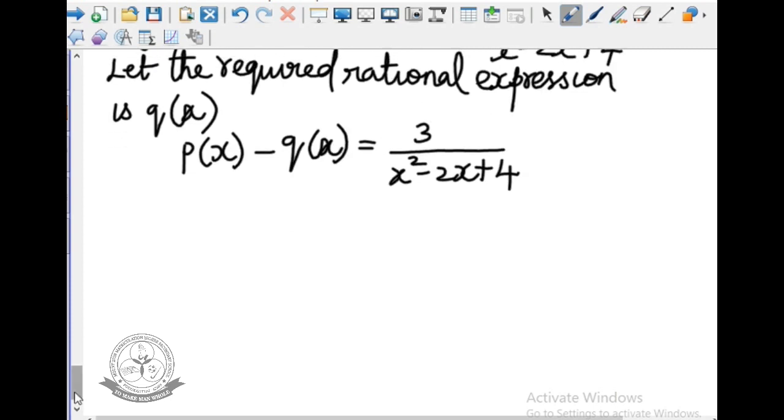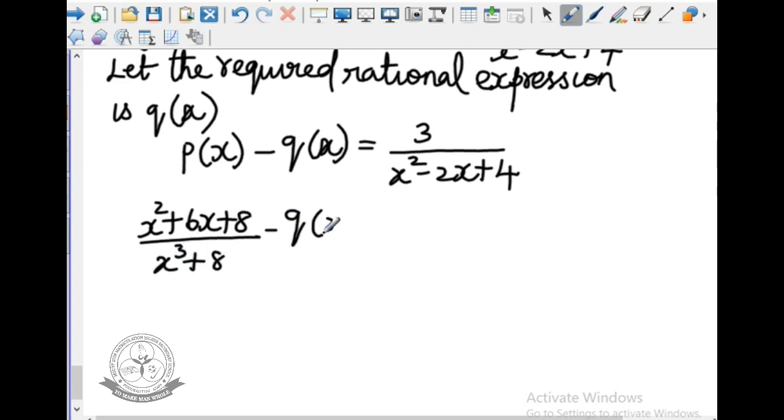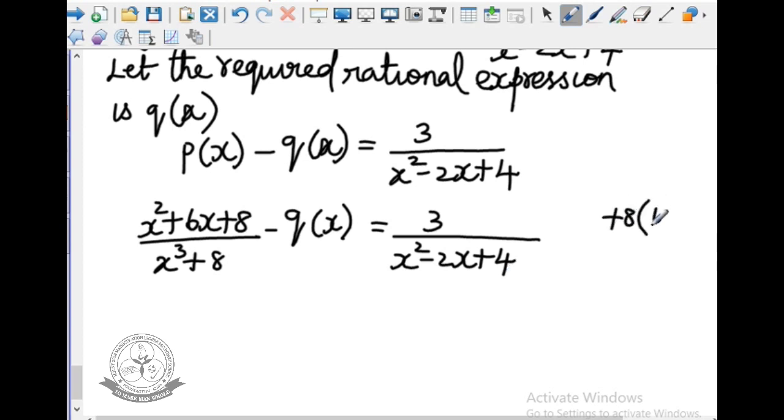So p of x is given as x squared plus 6x plus 8 by x cube plus 8, minus q of x equal to 3 by x squared minus 2x plus 4. The product is plus 8, the sum is plus 6. So 4 and 2 make 6, both are plus.